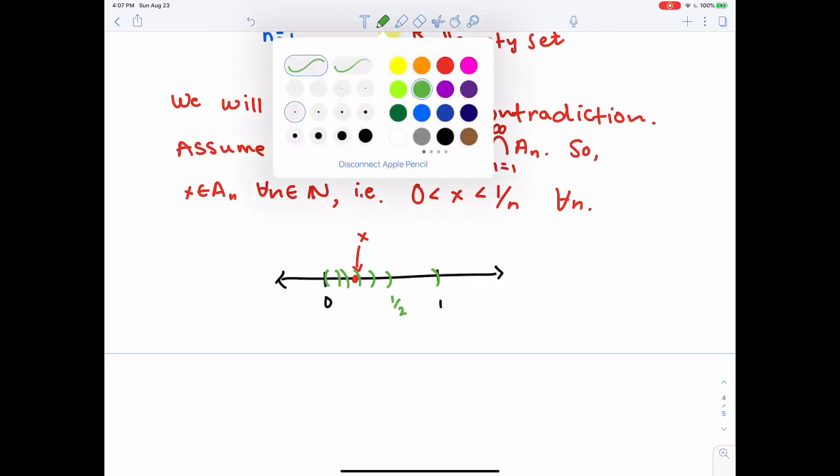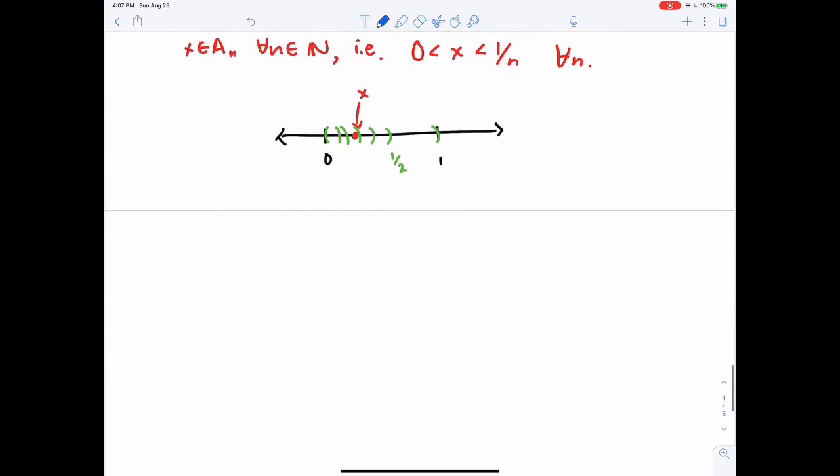So for example, this is just an example, this is not the proof, but imagine that I said x is 0.01. And I wanted you to explain why x is not in the intersection.